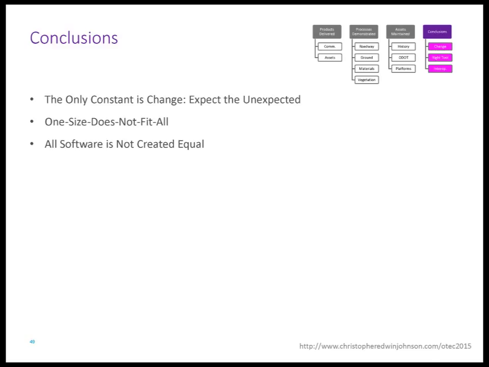So a couple of the conclusions. One, the only constant is change. Expect the unexpected. Why not posture yourself to expect that there will be a change in formats? Secondly, one size does not fit all. You're going to use the right tool for the right job.